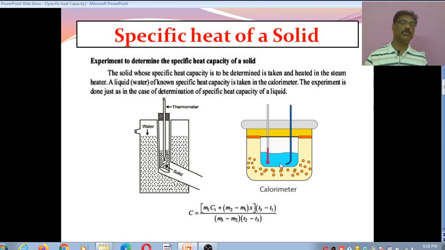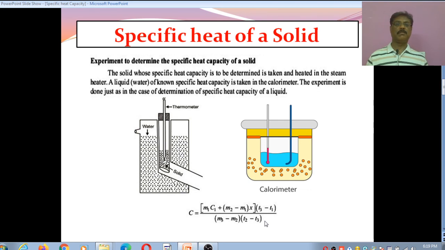Now heat lost by the solid is equal to heat gained by the liquid, and from the same formula we get C is equal to (m1 C1 plus (m2 minus m1) into x) into (T3 minus T1), divided by (m3 minus m2) into (T2 minus T3). Using this formula we can find the specific heat of the given solids.